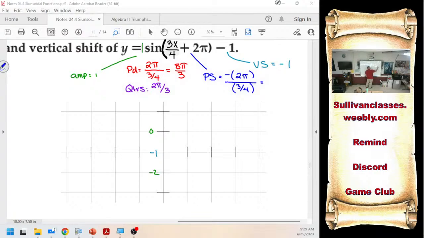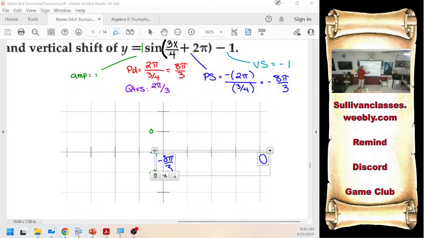Oh, hey, look. So, if the phase shift is -8 pi over 3, but the period is 8 pi over 3, I could put -8 pi over 3 here, but then what's that plus 8 pi over 3? 0. Don't these go infinitely in both directions?